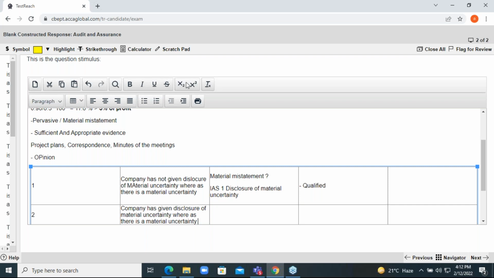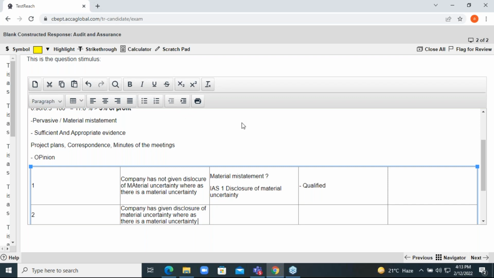Manesh Kumar, with emphasis of matter paragraph. Umar Sharif, unmodified opinion. This will be discussed in the material uncertainty paragraph. Yes, Umar, your answer is correct. And Shahab's answer is also to some extent correct, but it is not a going concern paragraph, it is the material uncertainty regarding going concern paragraph. That is its full name.